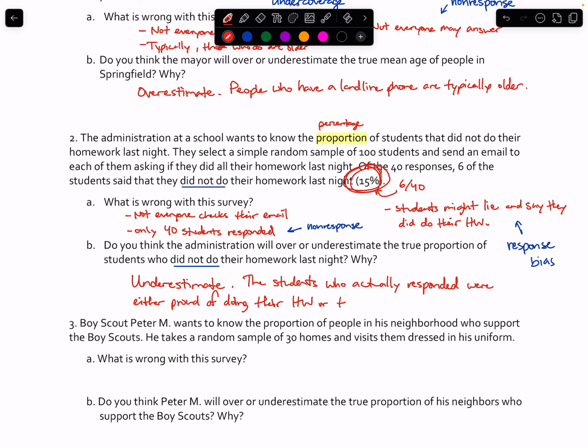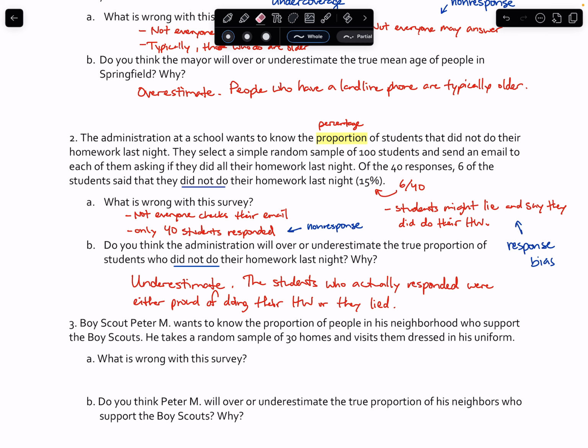Either there were a lot of kids who that night just happened to do all their homework and they were super proud of that, or they lied and said they did their homework when in reality they didn't. And let's be honest, that's probably what would happen in real life. If we went through this whole scenario, there's probably a lot of kids who would lie and say they did their homework. I ask some of you in class, did you do your assignment? And some of you try to lie to me. It happens. I'm not saying that I'm mad at you, but it's the nature of the game. You don't want to upset me. You're trying to give me the answer I want to hear, that yes, I did my homework, but that's an issue. Again, that's that response bias aspect of this.